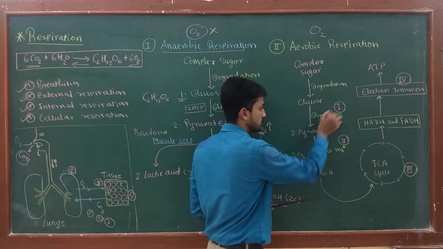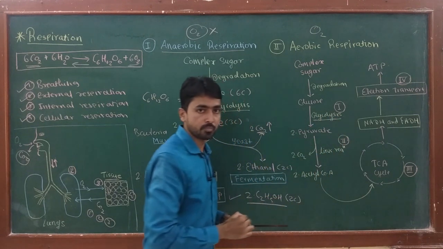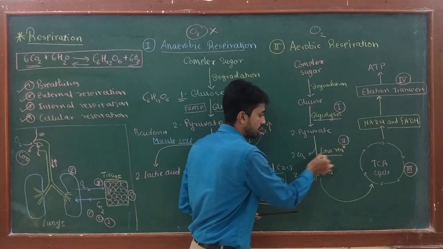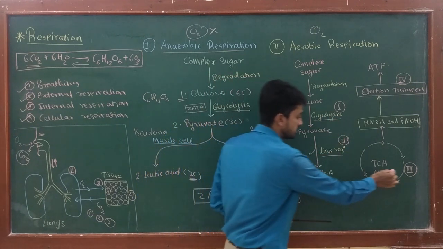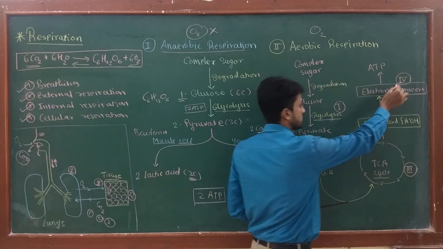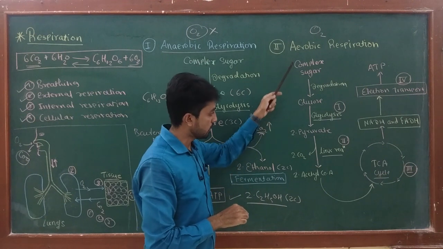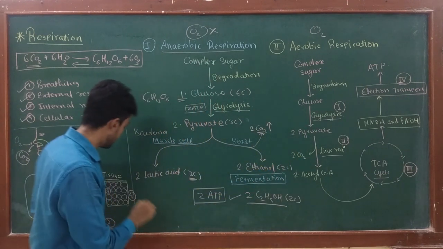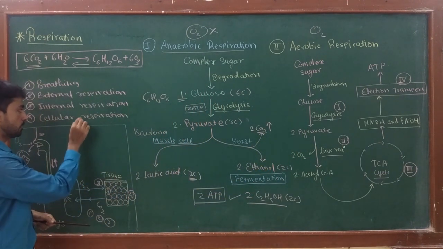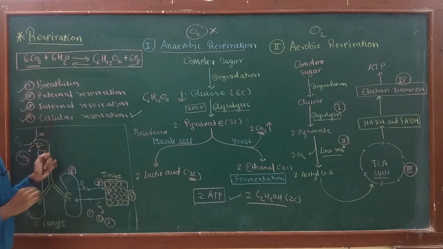First stage is glycolysis. Second stage is link reaction. Third stage is the TCA cycle, while stage number 4 is the electron transport chain. Remember one thing, all these stages occur inside the cell at the time of cellular respiration.